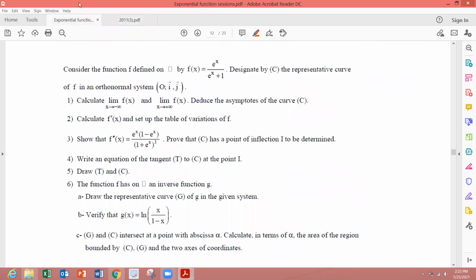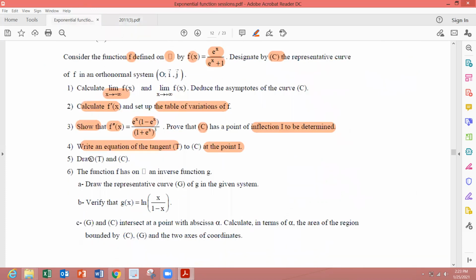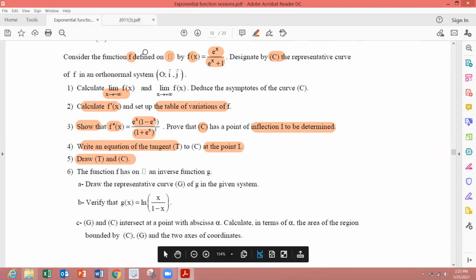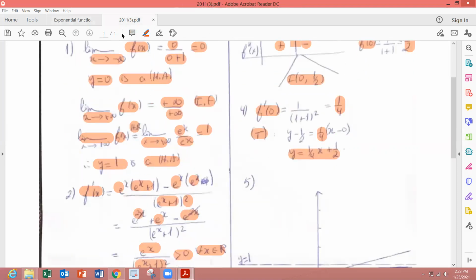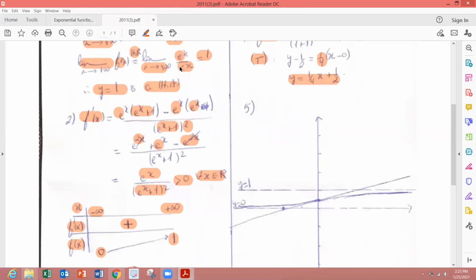Part 5. Draw T and C. To draw the tangent, first, at x 0, y half. This is the point I here.